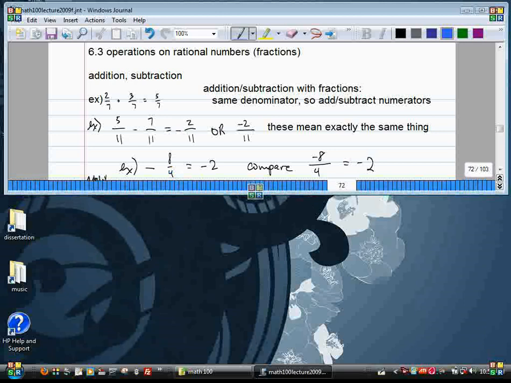And notice that the exact same thing would happen if you had -8 divided by 4. Again, that just gives you -2. So you could have the negative on top, you could have the negative in front, you could also have the negative in the bottom, but we never write it that way. So is that straight? Okay.